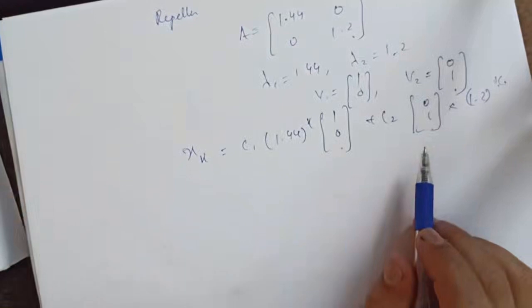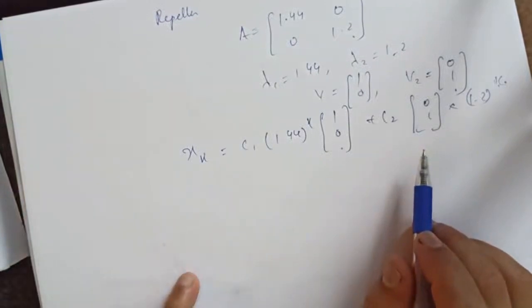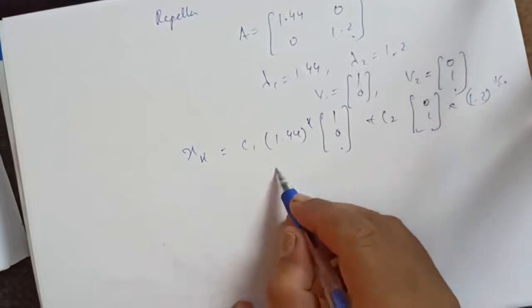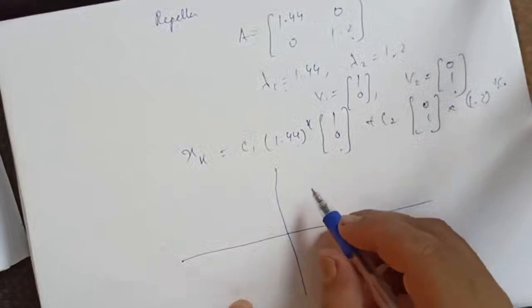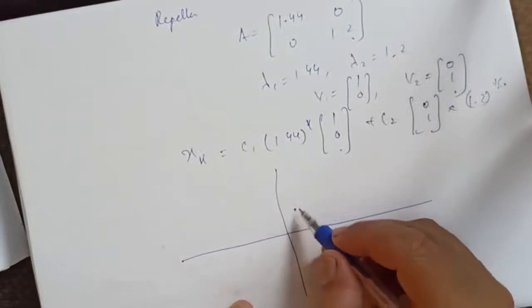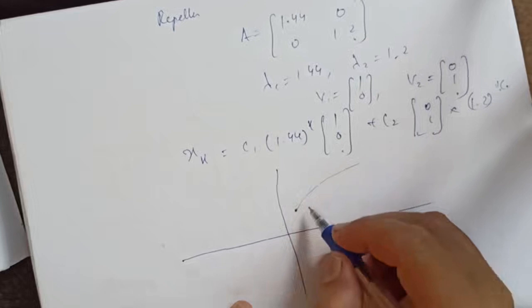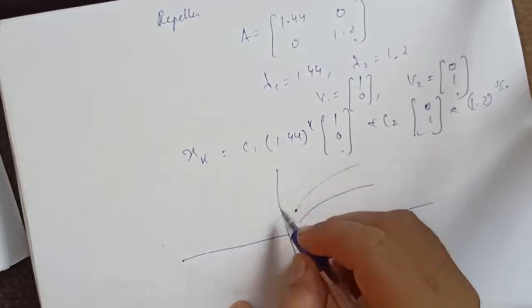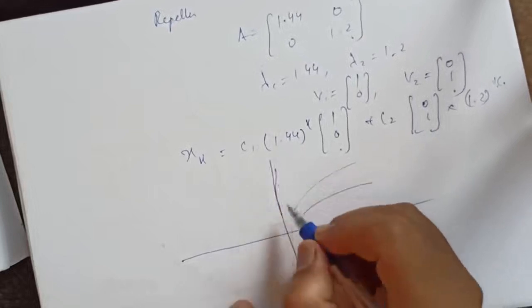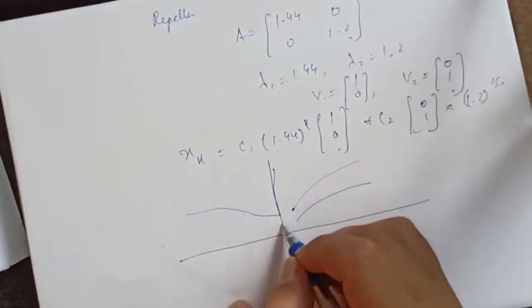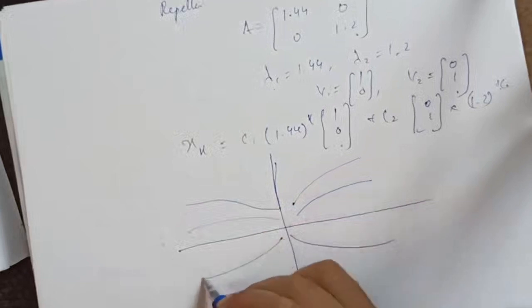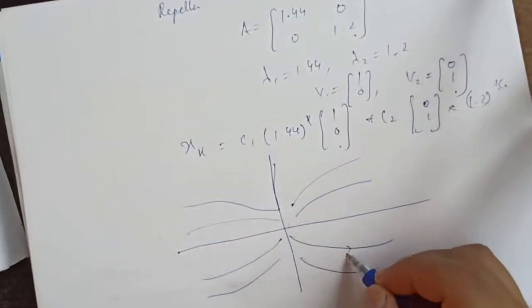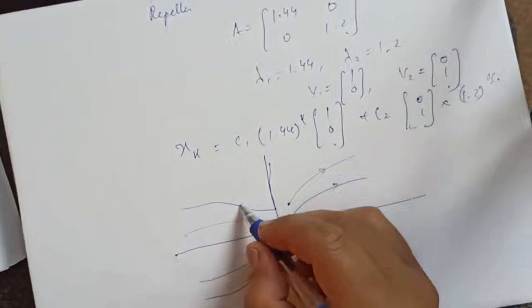So if you start from any point x naught in the system, say x naught was here, it will move away. Again, it was here, moving away. Similarly, a point here, you move away again, and so on and so forth, right? So it will repel from the origin. Again, all the motion is outwards.